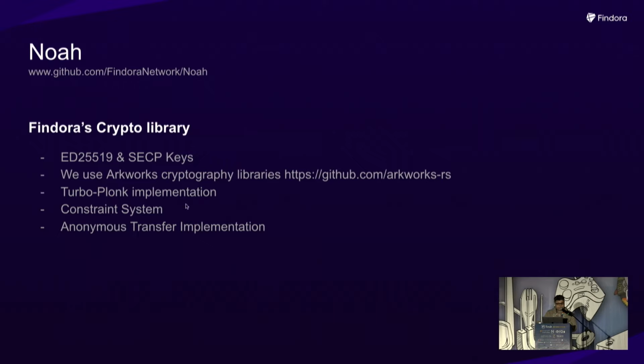Then the TurboPlonk implementation is done in this library. Then there is a custom constraint system we defined, which is compatible with what we call R1CS, which is kind of the standard for defining zero knowledge constraint systems.